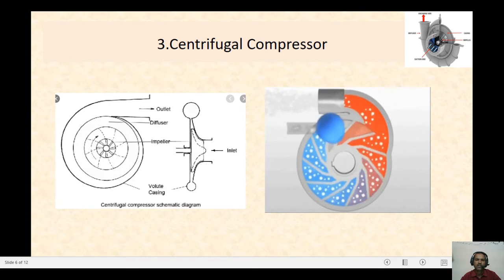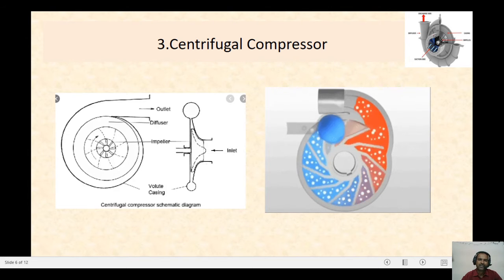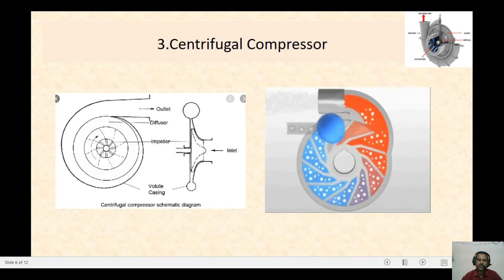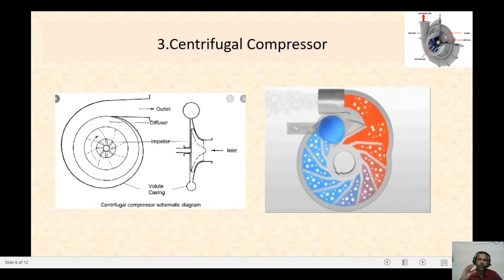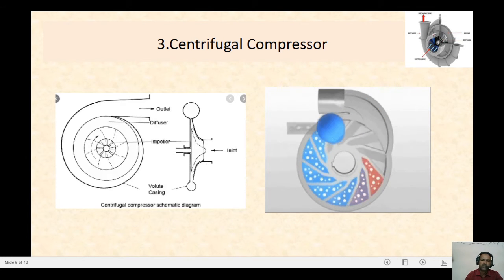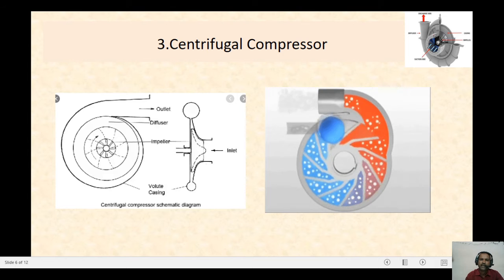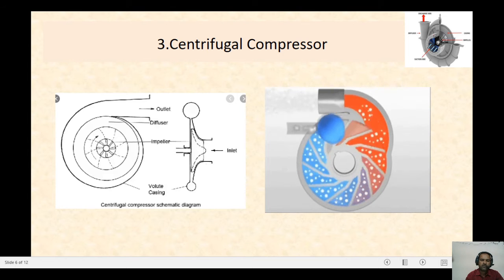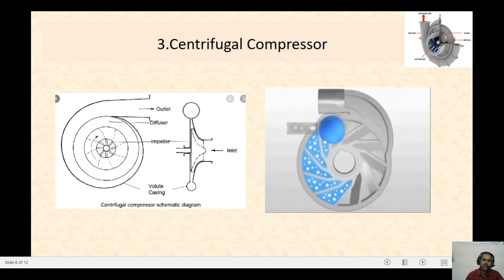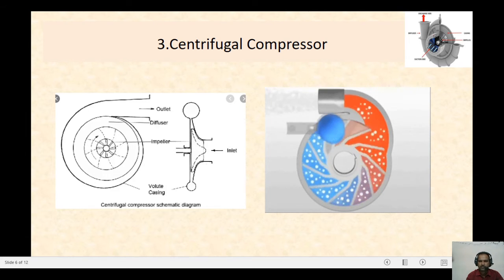Got it? Or sometimes you can say a centrifugal compressor is a device or mechanical system which is used to convert low pressure air, or any vapor or fluid, into high pressure with the help of centrifugal force. Got it?